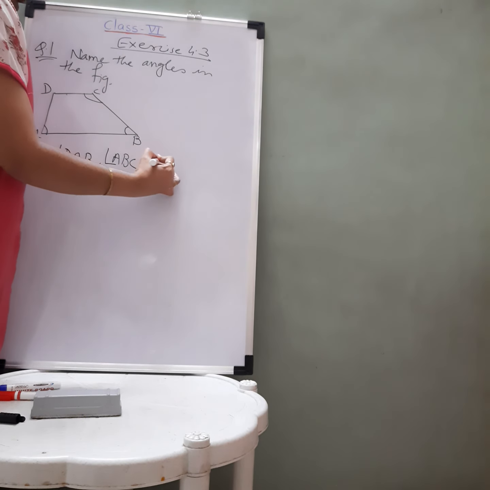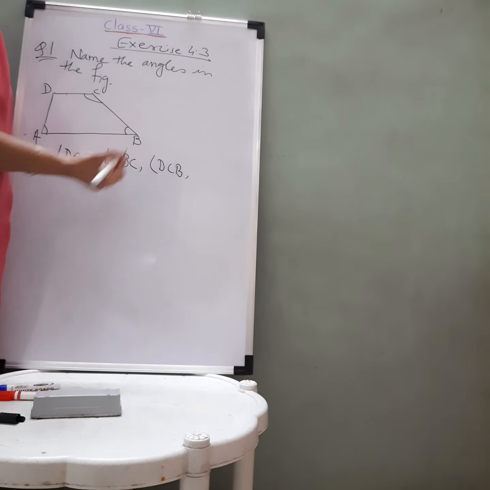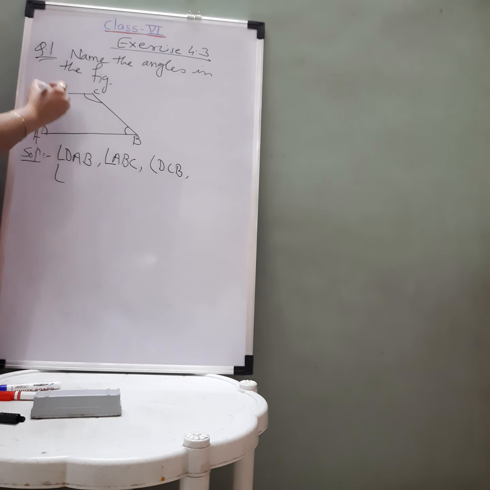So it is angle DCB, or you may write angle BCD also. And the fourth angle is angle D, and since it is made up of ray DC and ray DA, we name it as angle ADC. I think all are clear. Now, second question, we will do it in the Google Meet.